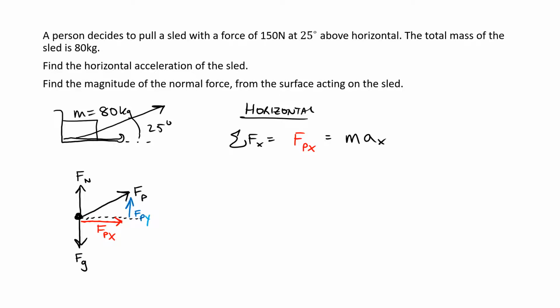So, what do we need to do? We need to find the actual value of F_px. I'm not going to go through every step. That's going to be F_P cosine of 25 degrees.